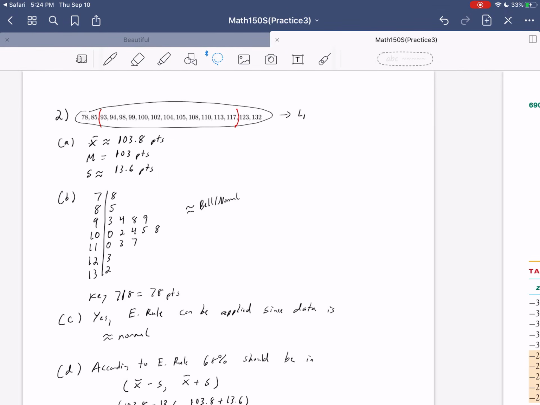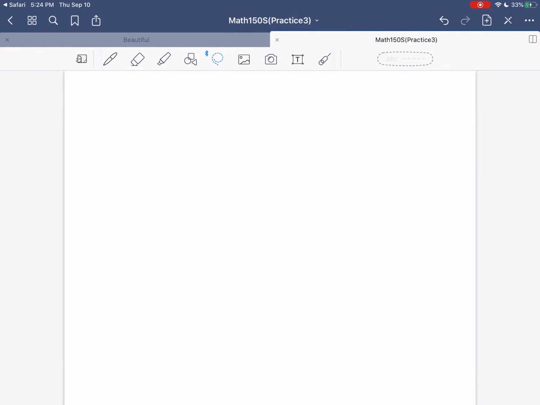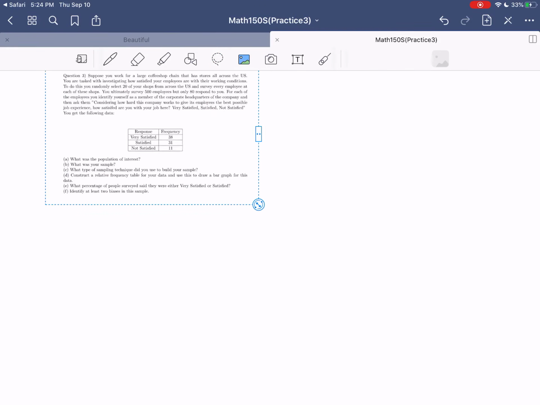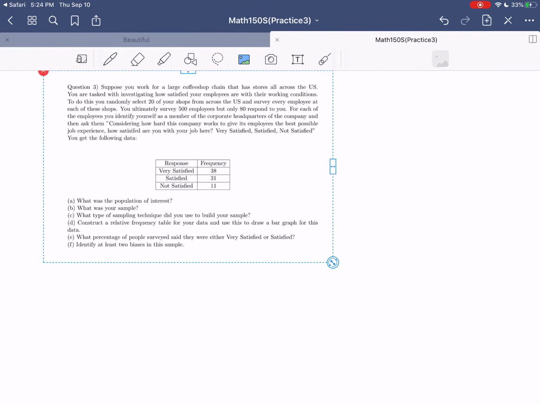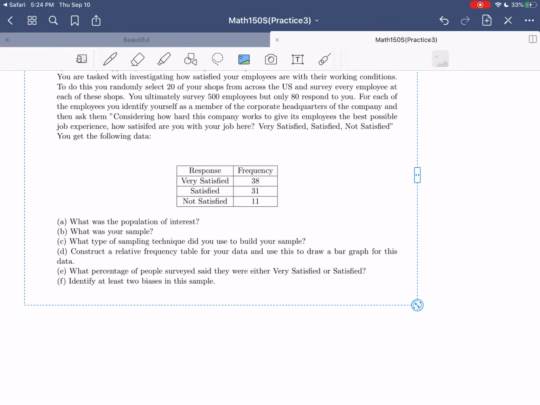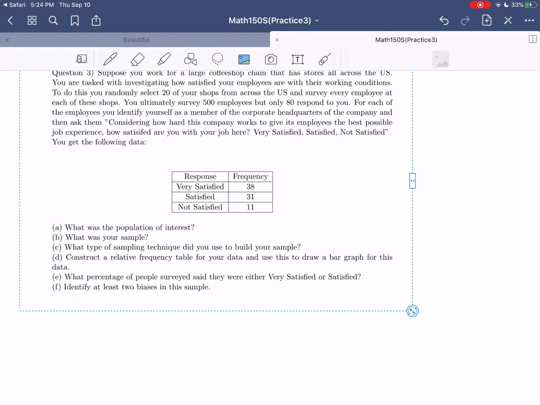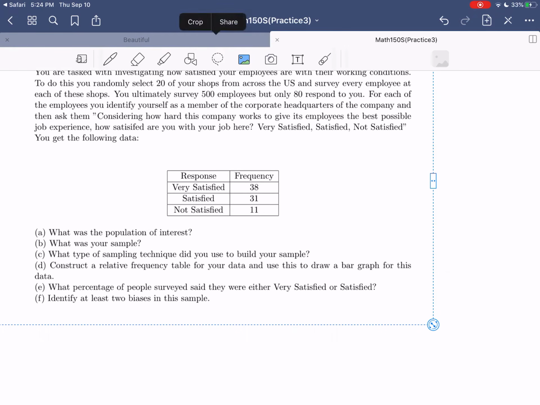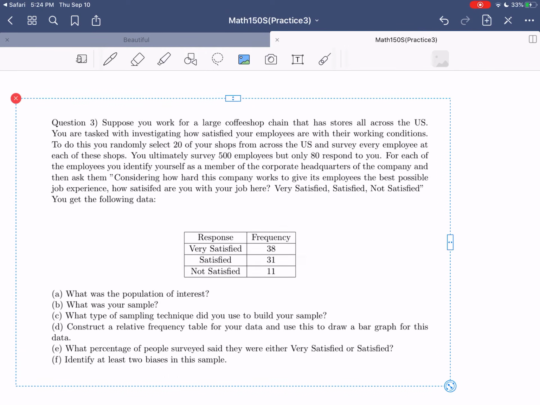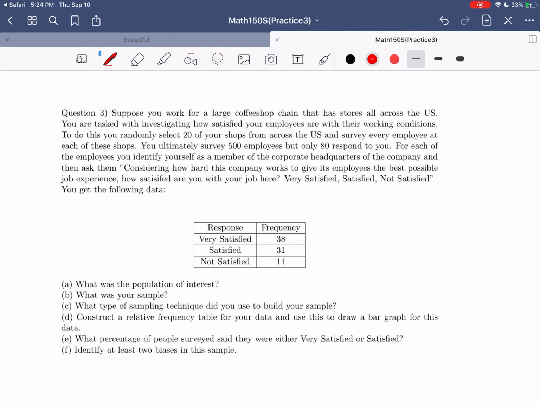Okay, let's go ahead and we'll give ourselves one more page. So this will be our work for question 3 here. Okay, that should be large enough to generally read. So there we go. Let's take a look at this.